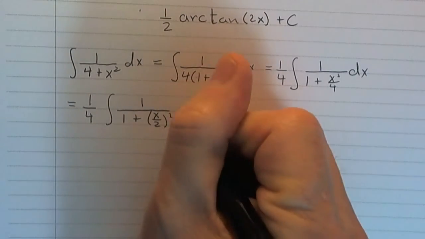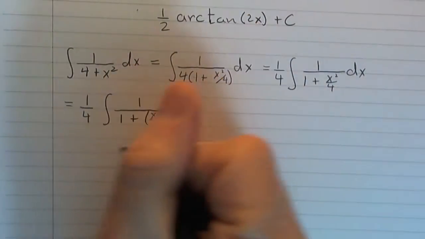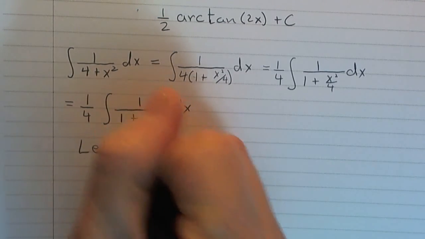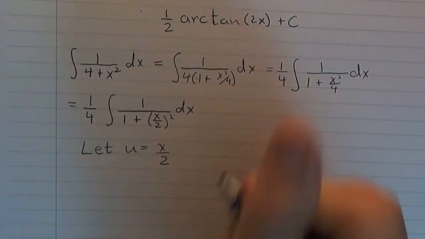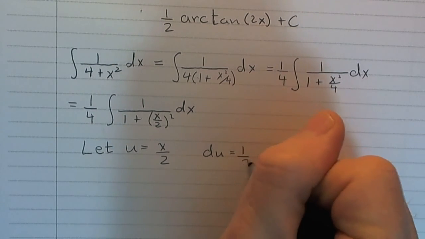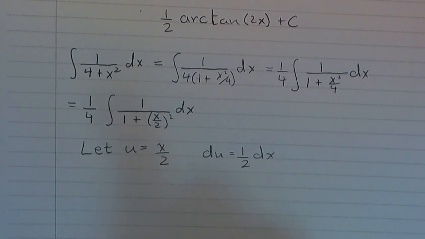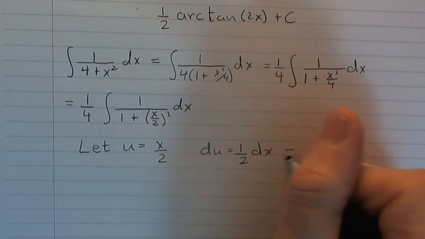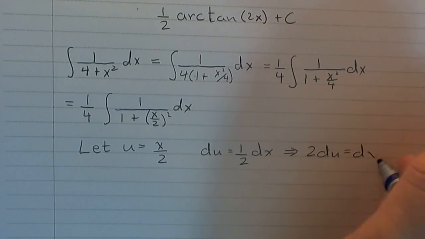We could write it that way. And then I can say, okay, now let u equal x over 2. Then that means that du equals 1/2 dx. And then I could multiply by 2 and get that 2 du is equal to dx.